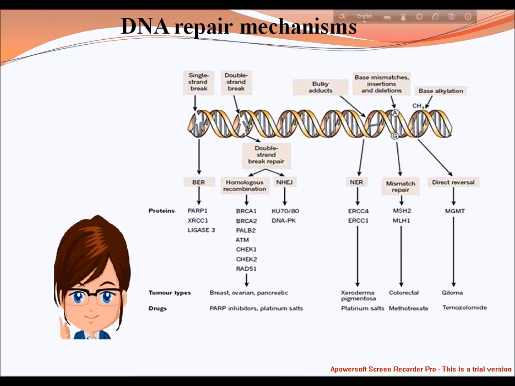These mechanisms do not require a template since the types of damage they counteract can occur in only one of the four bases. Such direct reversal mechanisms are specific to the type of damage incurred and do not involve breakage of the phosphodiester backbone.